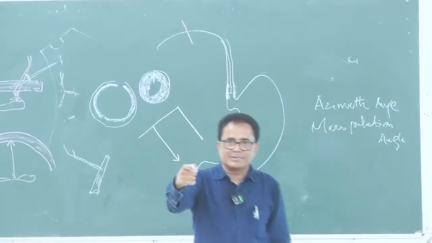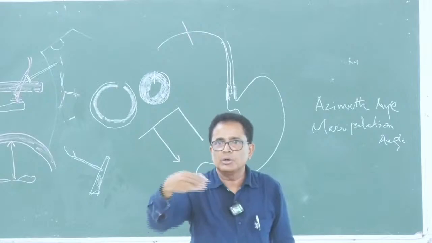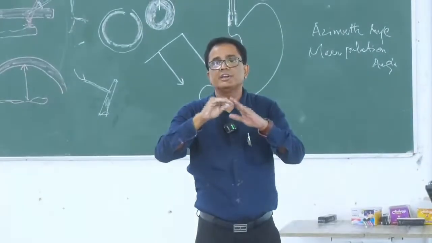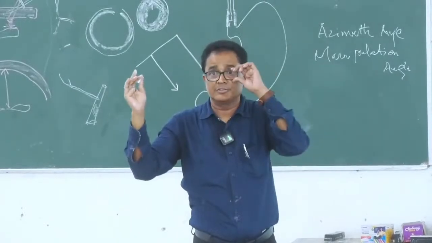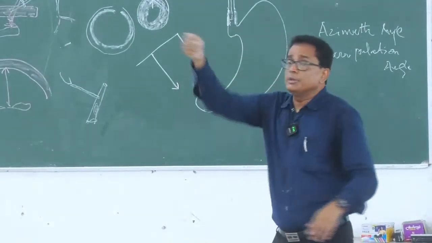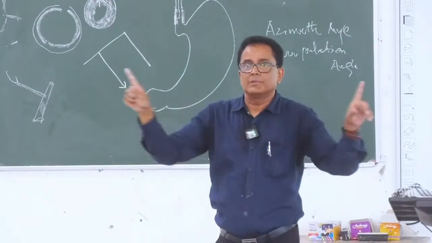This boy is sitting nearer to me than the girl there. I can visualize that, isn't it? You understand what I am saying? This is called three-dimensional vision. Our vision is three-dimensional. But in laparoscopy, when you see the picture on the screen, that is a two-dimensional vision.